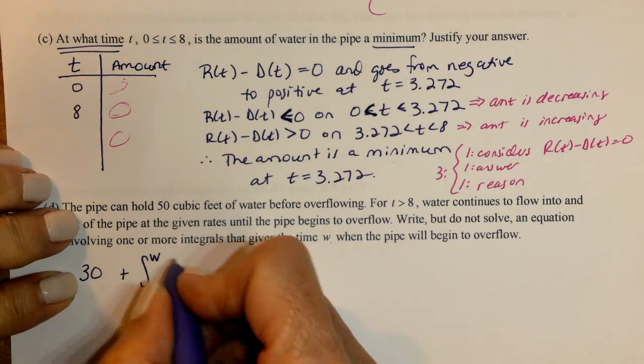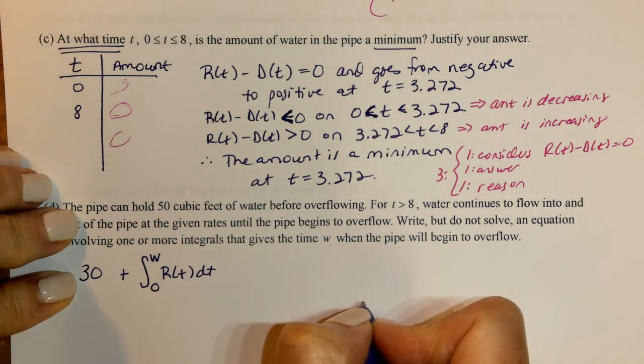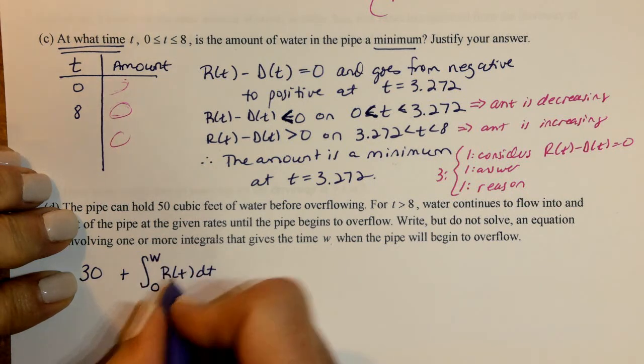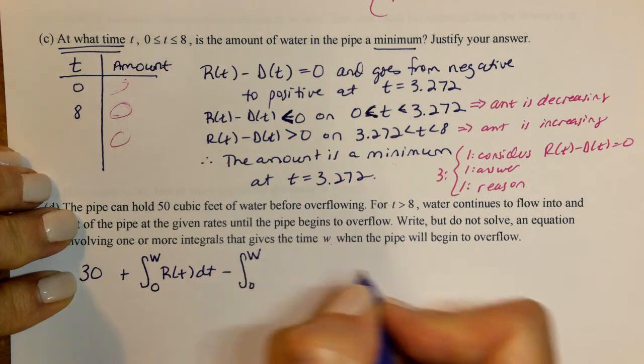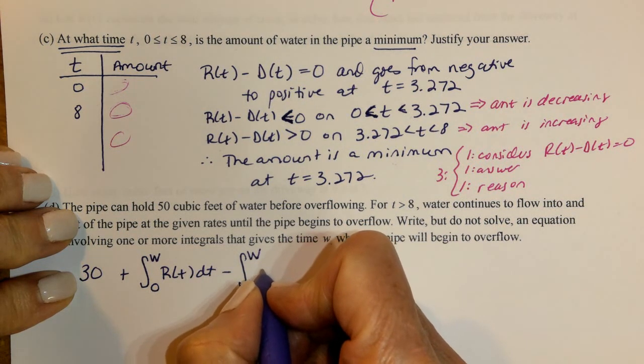Of the rate in, which is our R of t. So that would be all the water coming in over this time period, but we also need to consider the water going out over that same time period, and that will be our integral 0 to W of our D of t.